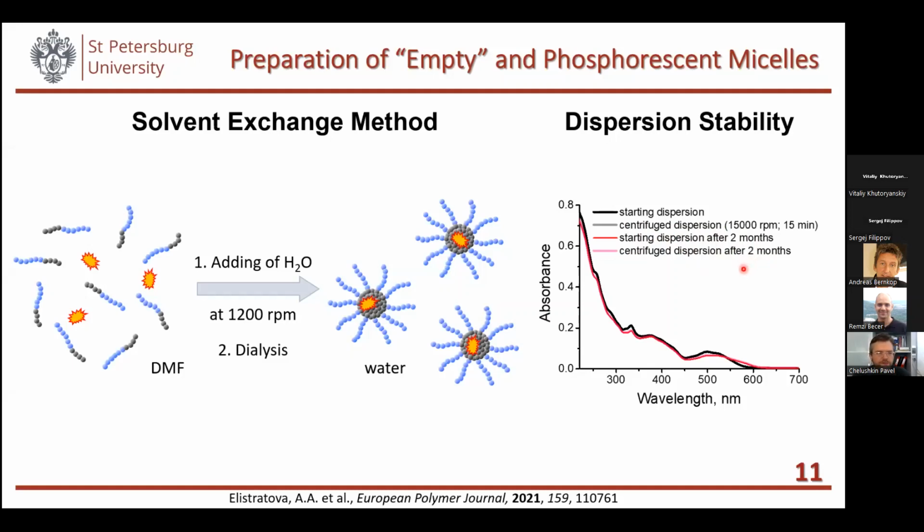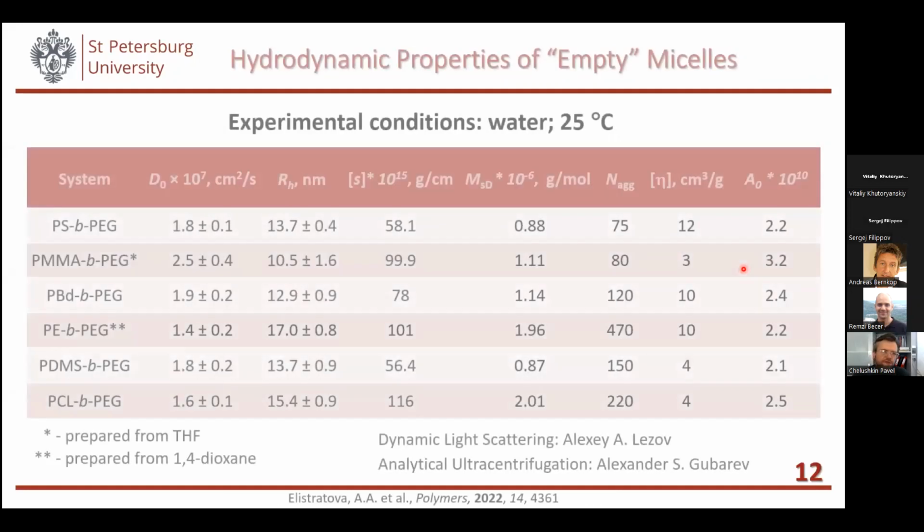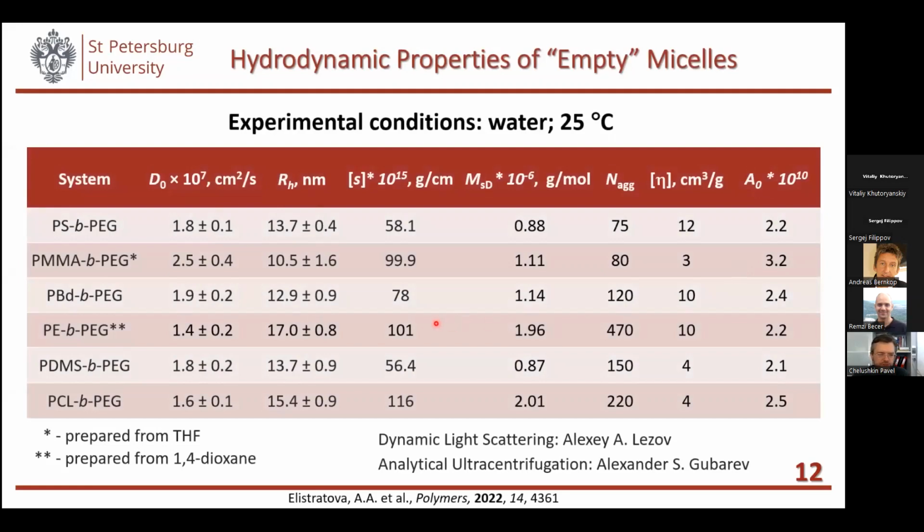First of all, we of course investigated our free, empty micelles, and here I would thank our second collaboration, with the group of Professor Tsvetkov, especially Alexey Lezov and Alexander Gubarev, for their dynamic light scattering and analytical centrifugation experiments.